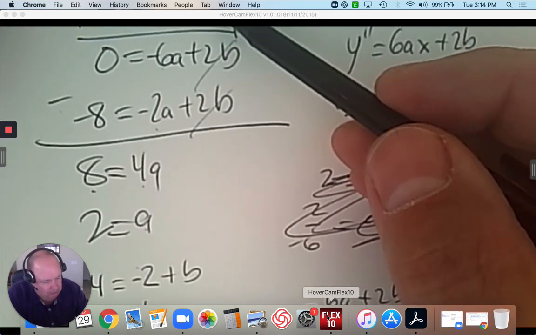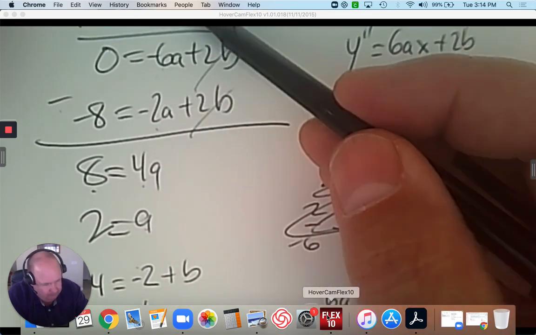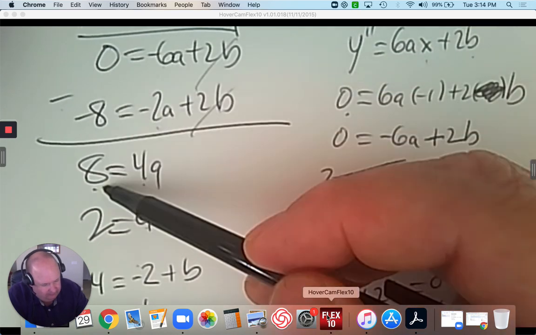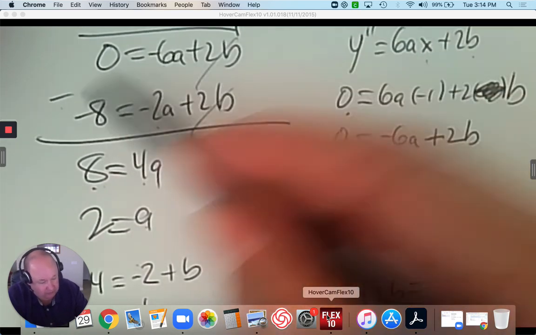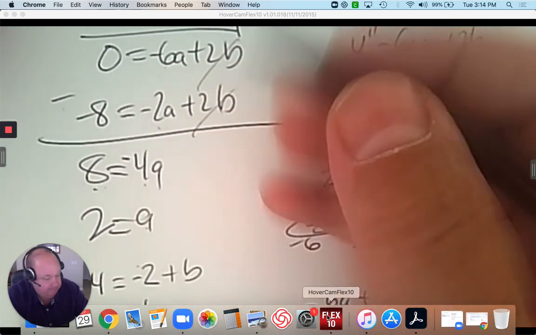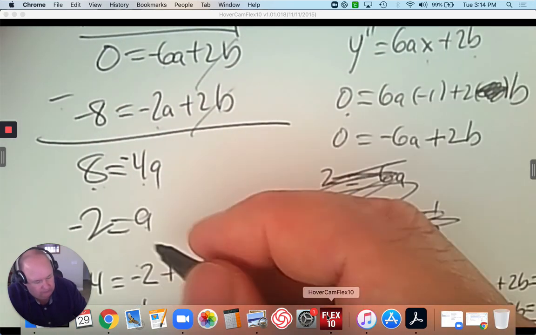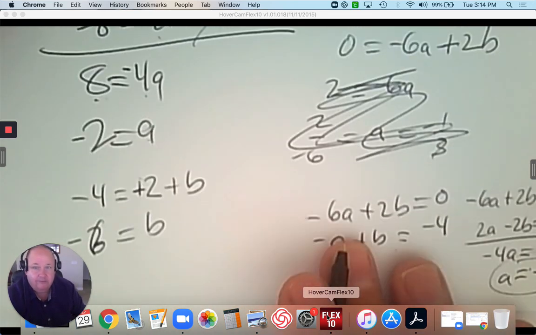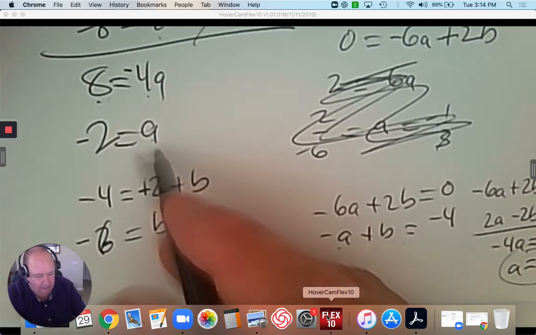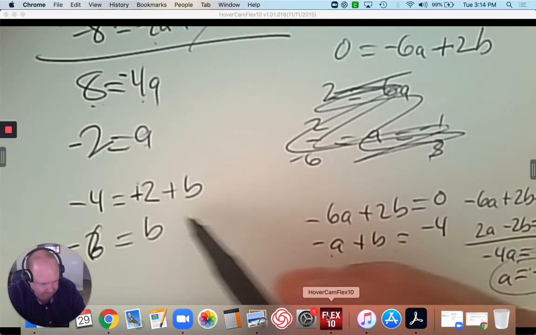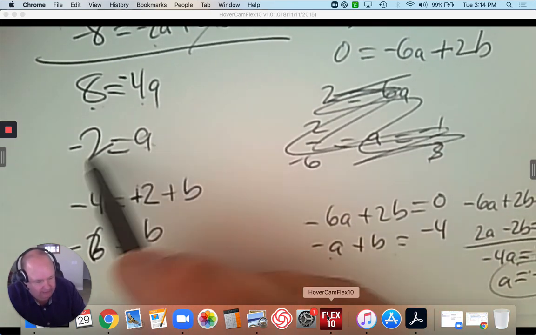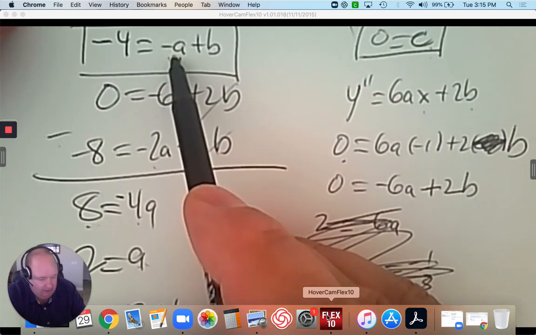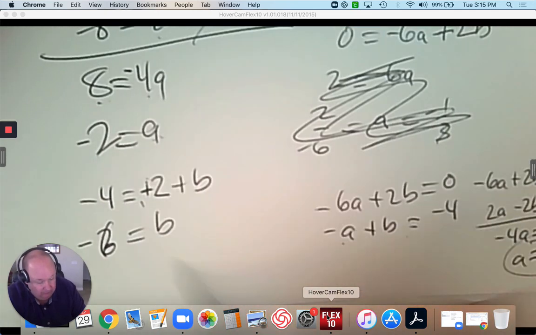When I multiplied the top times 2, and then I subtracted, negative 6 plus 2 is negative 4a. There you go. So there's the mistake. So this should be positive 2, which makes that negative 6. So then this should be positive 2. So a is negative 2, but if you plug it in here, a negative and a negative makes it positive 2. So now I have the values.